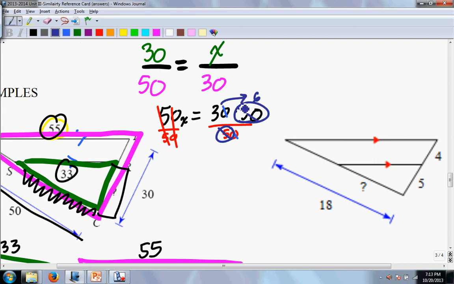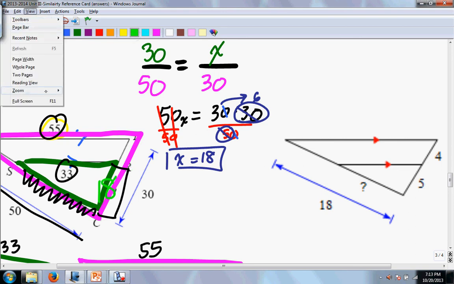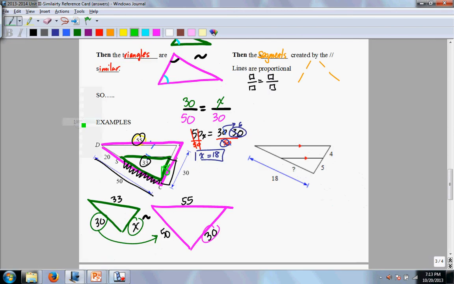So now we have 3 times 6, x equals 18. So our unknown right here is 18. So that's one way, is to pull the triangles apart and see them as two separate but similar triangles.